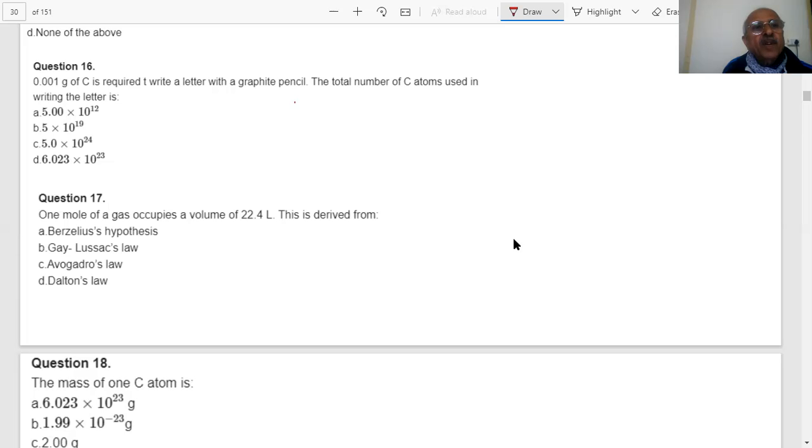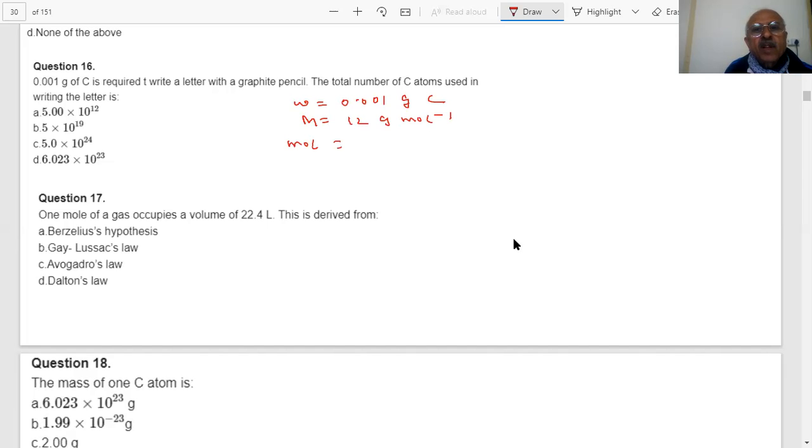You are given how much? 0.001 gram of carbon, student. What is the atomic mass of carbon? 12 gram per mole.